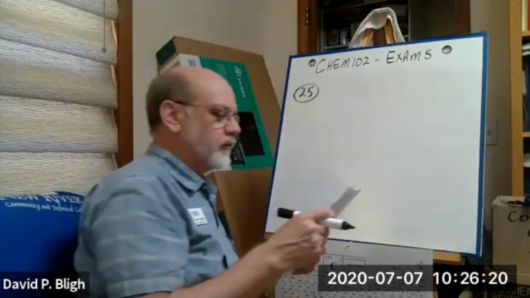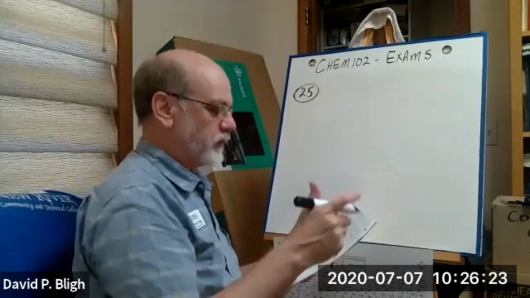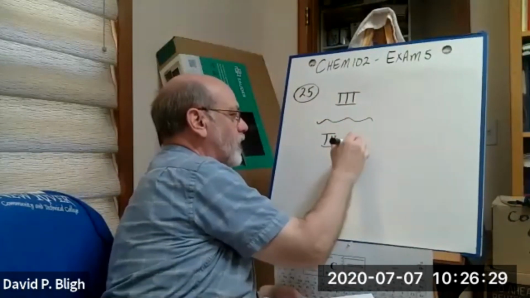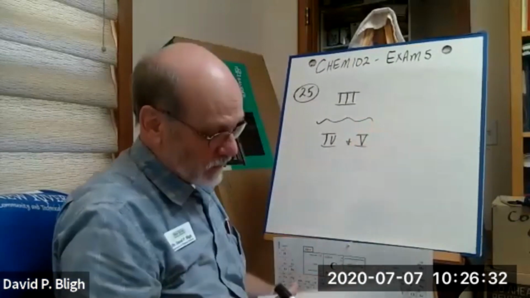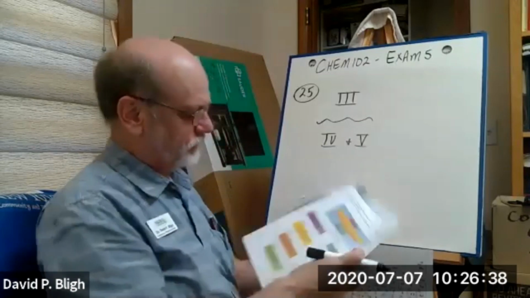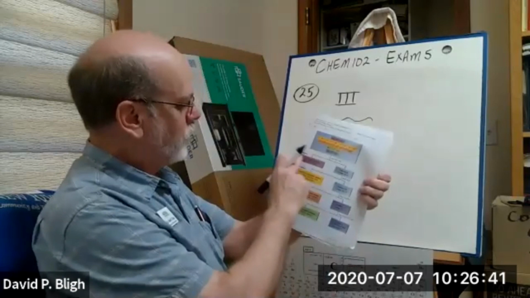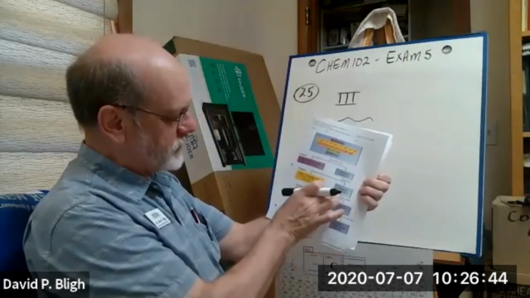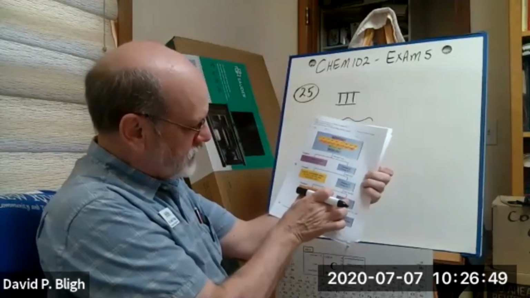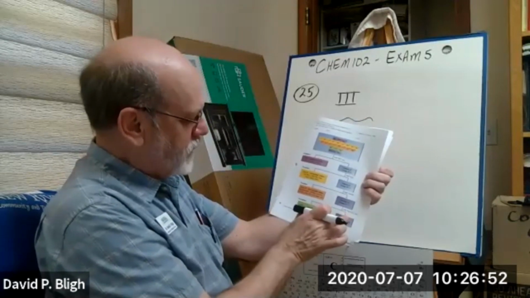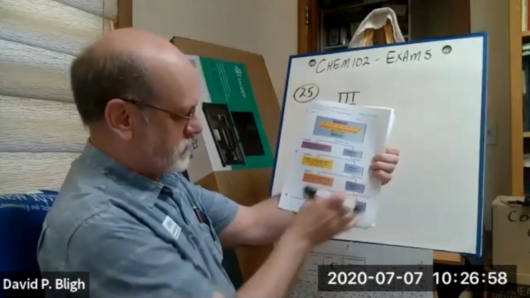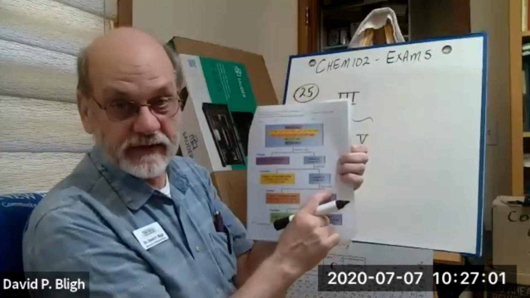Our analytical group 3 separated from the following groups 4 and 5. So we want 3 separated from 4 and 5. So actually you just look and say, where's analytical group 3? All right. So there's group 1, there's 2, there's 3 separated from these 2. So what do you do to separate these from those? Well, you've already separated everything else from these 2, from everything below it, by adding the base.